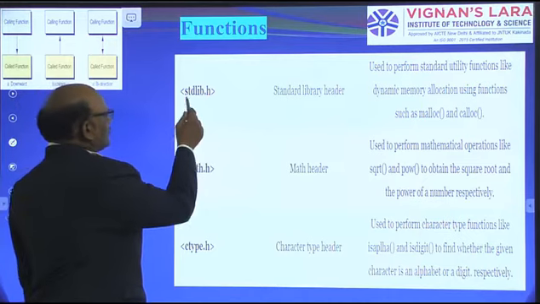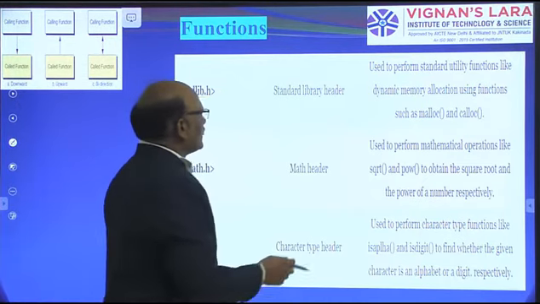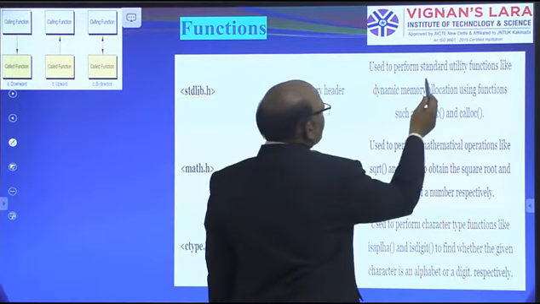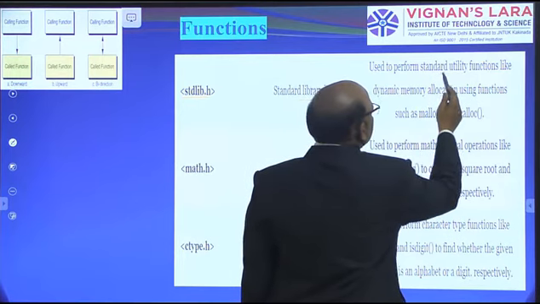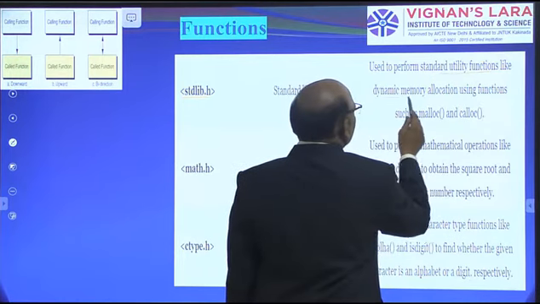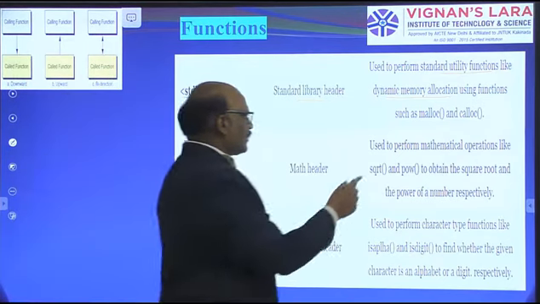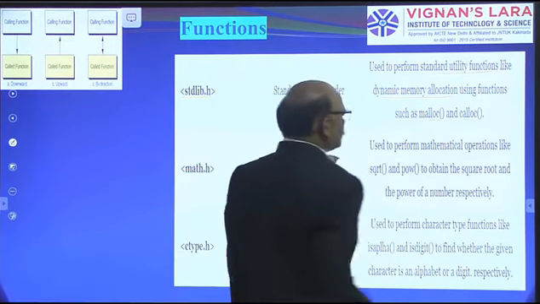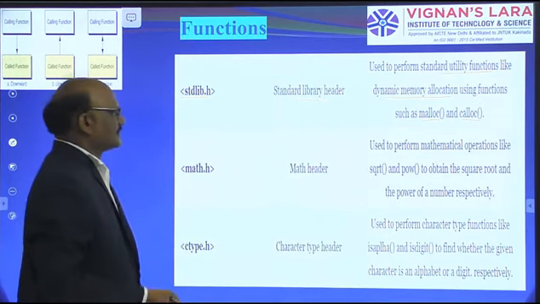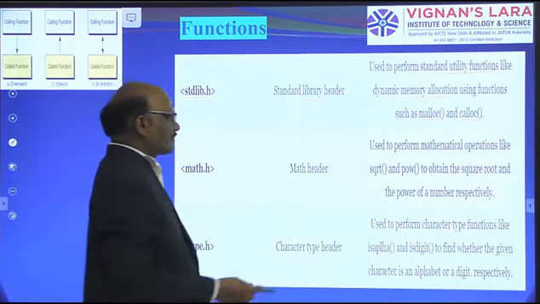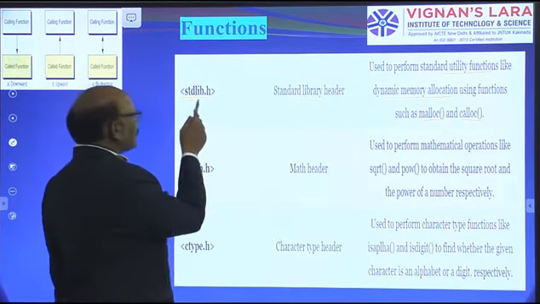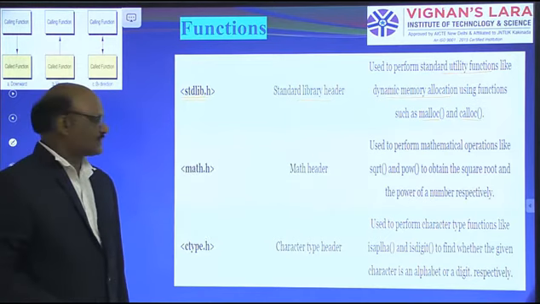Next one, stdlib.h, the standard library header. It is used to perform standard utility functions like dynamic memory allocation using the functions malloc, calloc, and free. Whenever you are using malloc, calloc functions, you need to include stdlib.h.